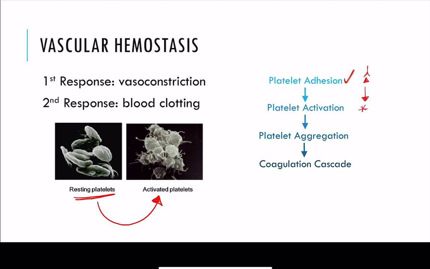Platelet activation is when the platelet changes shape, exposes 2B3A, releases fibrinogen, activates further platelets, and stimulates aggregation. So you could almost do a positive feedback loop here, that with platelet activation, you get aggregation, which causes more activation, and around you go.